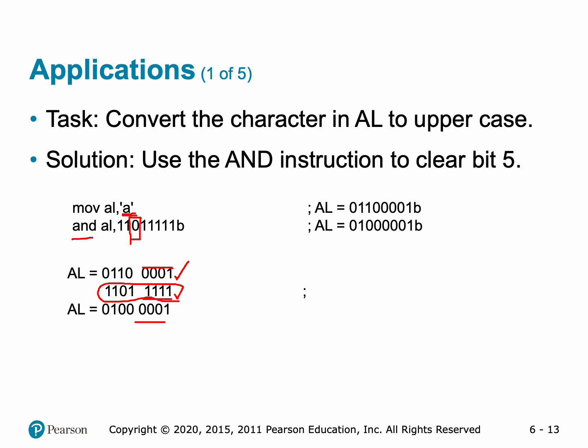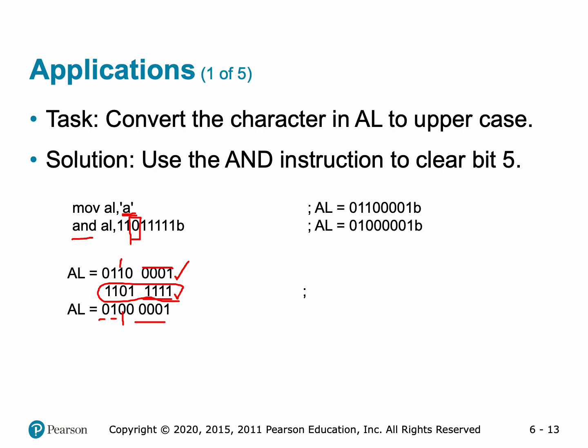Same thing here, 0 and 1 is false, 1 and 0 is false. So here's that bit number 5. That's the bit 5 that got changed. So it used to be a 1, now it got changed to a 0. Bit 6 and 7 stayed the same.